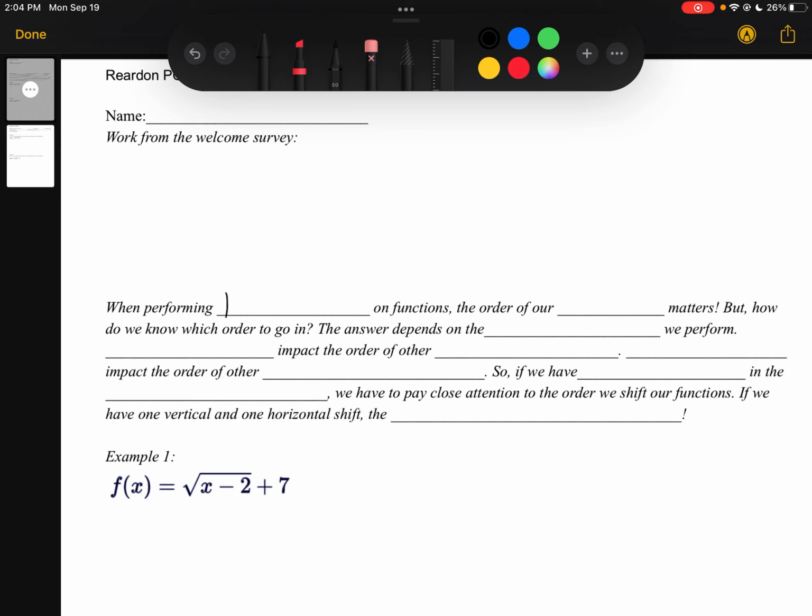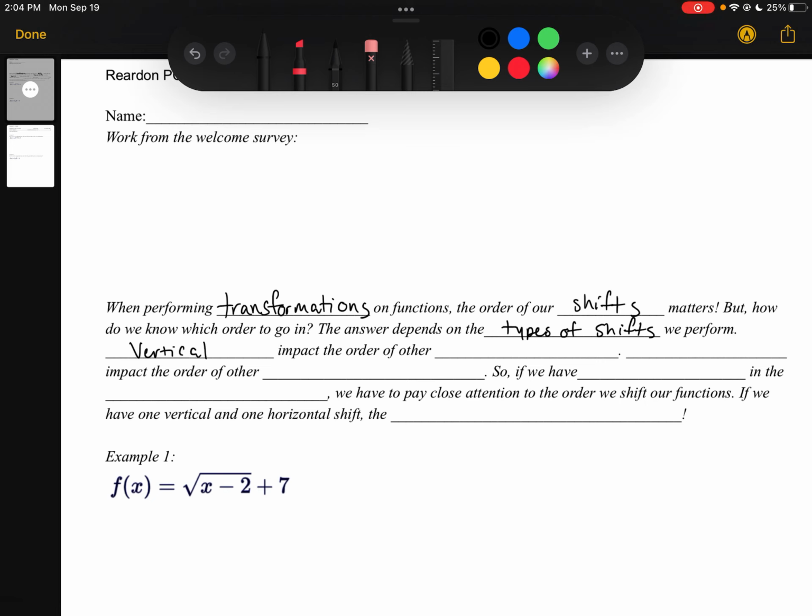So when performing transformations on functions, the order of our shifts matters. But how do we know which order to go in? Well, the answer depends on the types of shifts we perform.